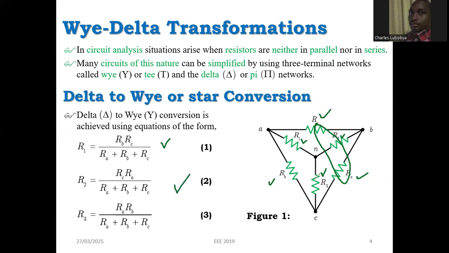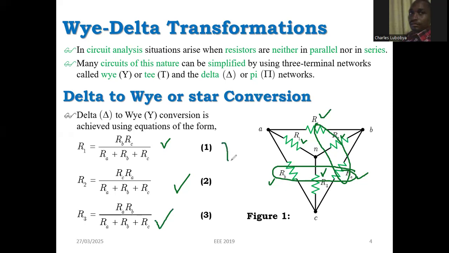And then to calculate R3, you get the adjacent resistors, RA and RB, multiply them, divided by the sum of all the resistors connected in delta, as shown in equation 3.